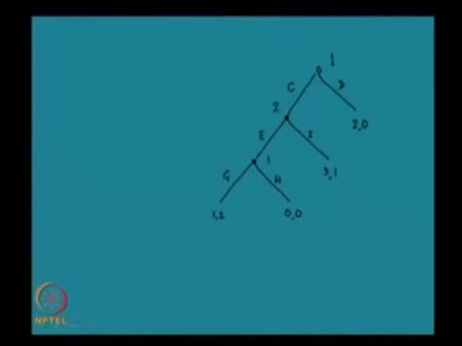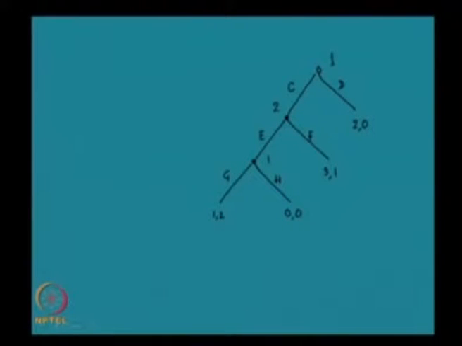If he takes the action C, then it is now player 2's turn to move, who can either take the action E, in which case the game progresses further again to player 1. But if player 2 takes the action F, then the game again ends, in which case player 1 will get 3, player 2 will get 1.